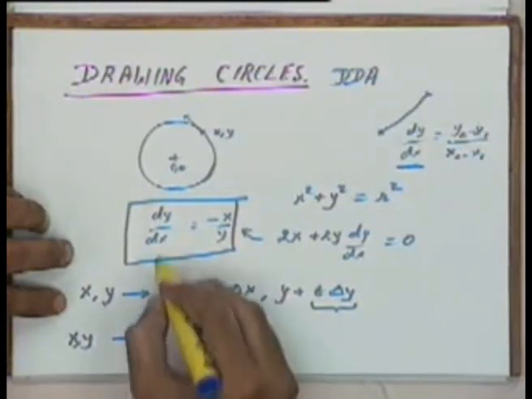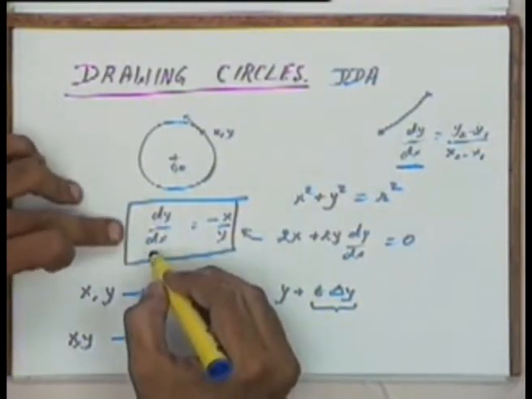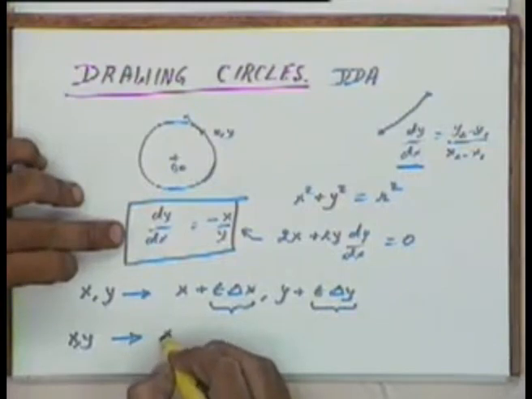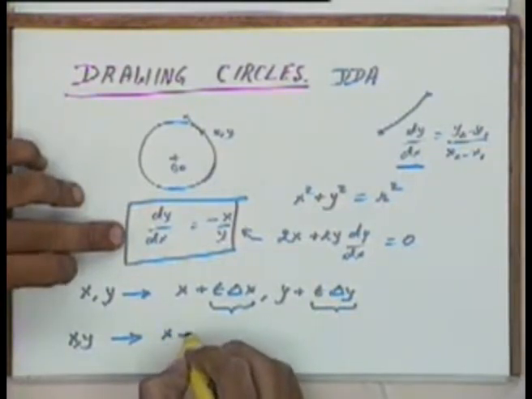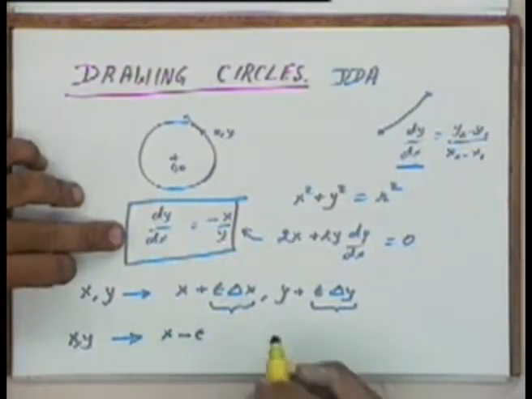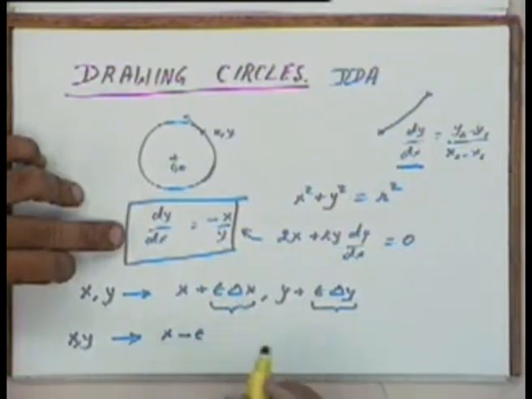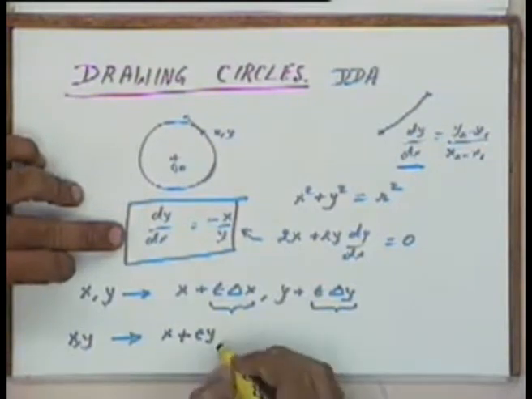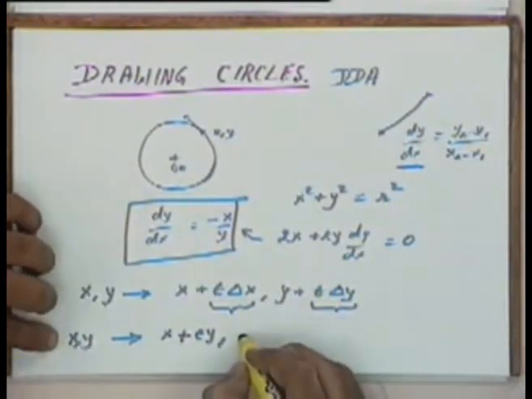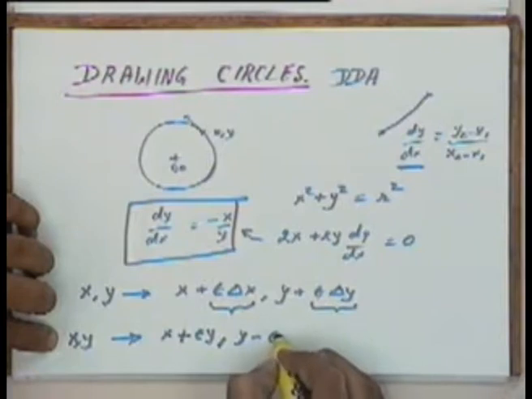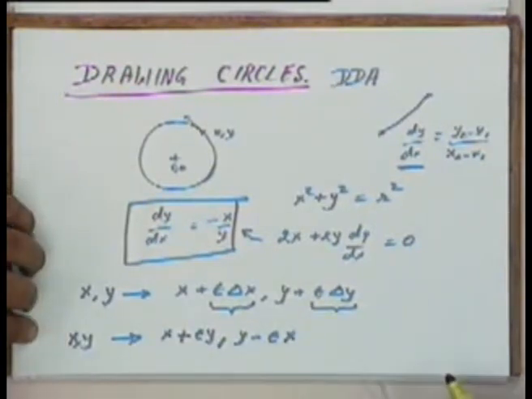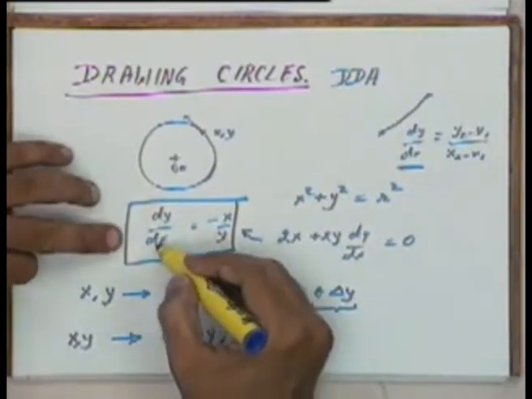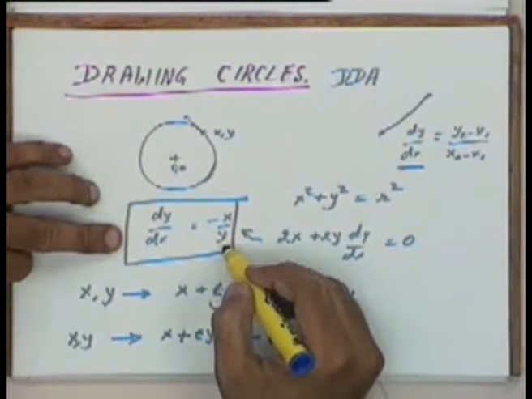If you are taking an increment proportional to this dy by dx, my x will change to x plus epsilon times y, and y will become y minus epsilon times x. But dy by dx is equal to minus x by y.